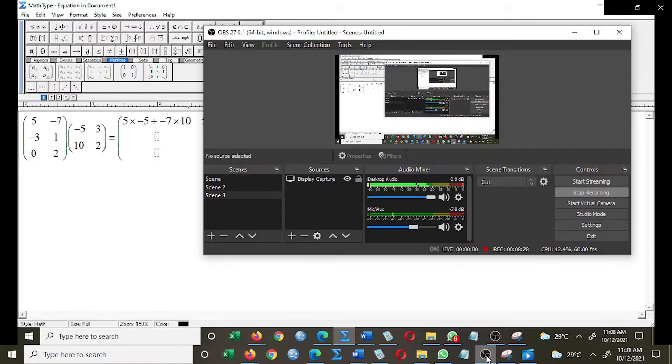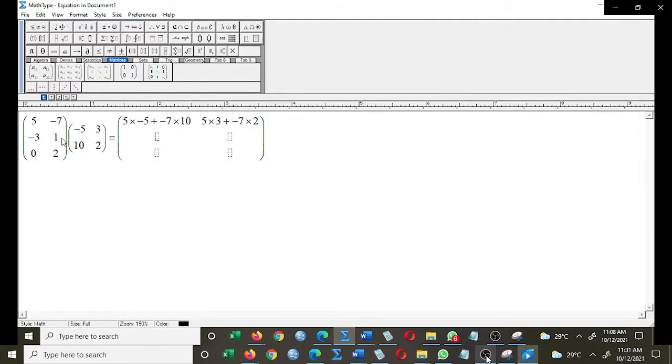Yeah, we come down to the second row. So -3 times -5, and a plus 1 times 10.